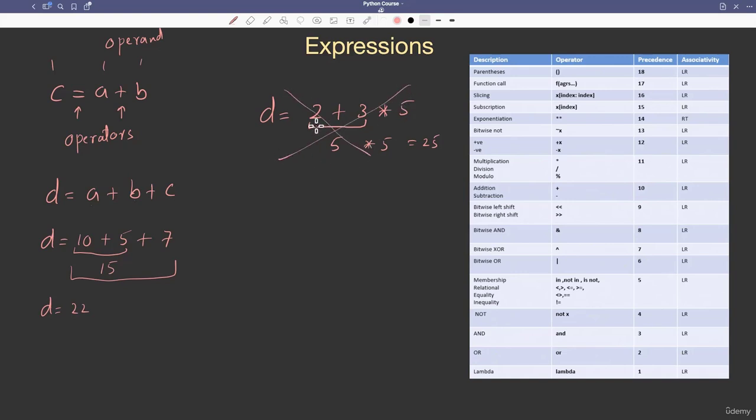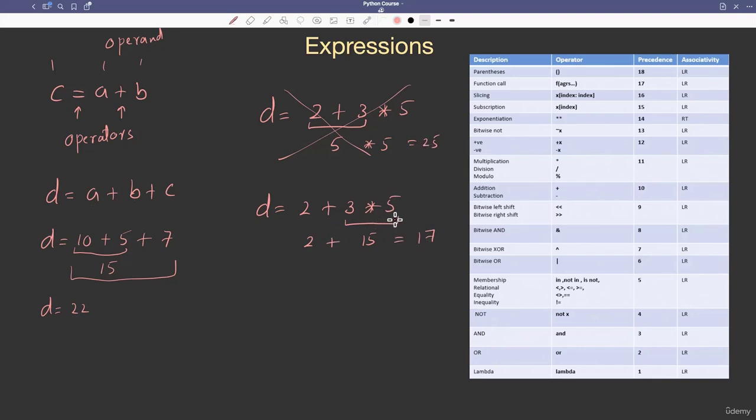If you write 2 plus 3 into 5, this will first multiply 3 and 5. So this becomes 3 into 5, 15. Then 2 is added to that. So this becomes 17. The result of this expression is not 25, it is 17.